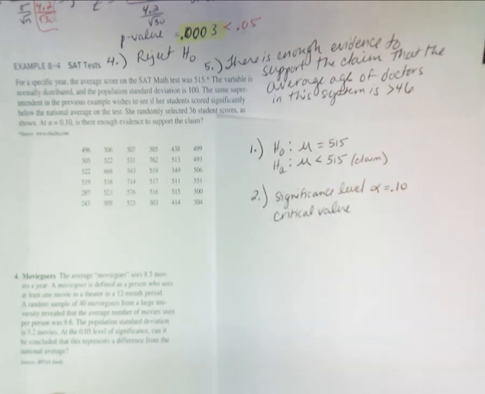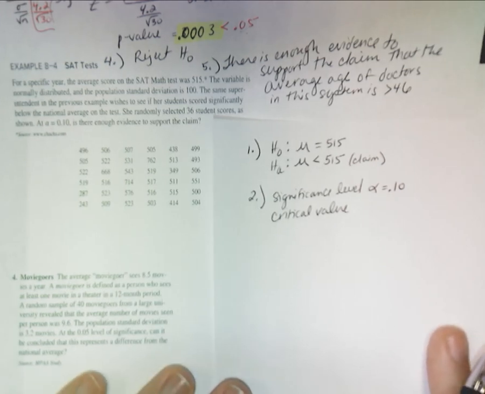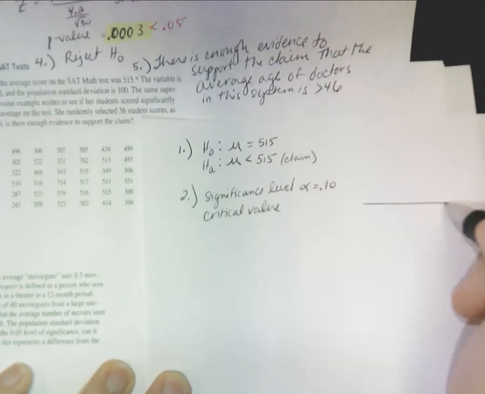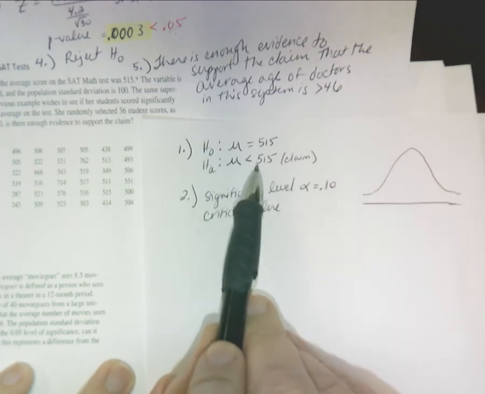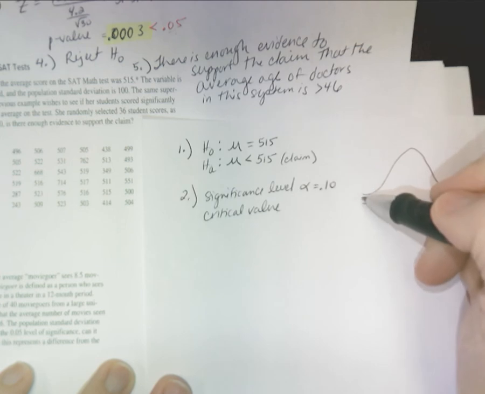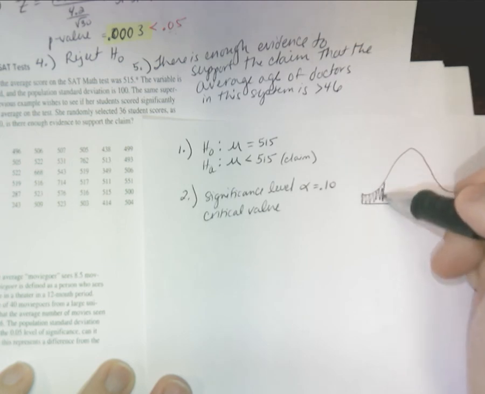Okay? Now also state the critical value. How do you get that? From your calculator, but we've got to know if we're doing a right-tailed, left-tailed, or two-tailed test. So let me just draw this out real quick. 10%, do I want it on the right, the left, or both? Well, if my claim is that it's less than, that would be on the left. I want this to be 0.10.